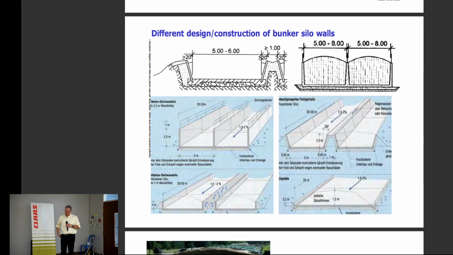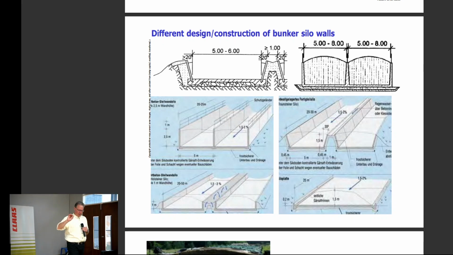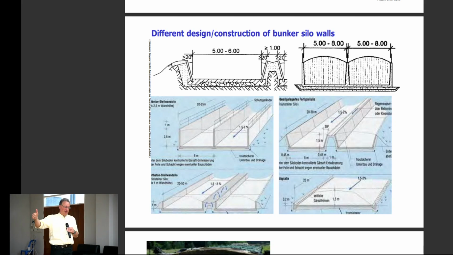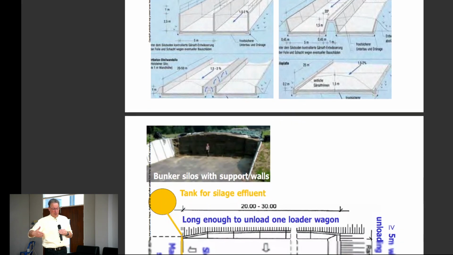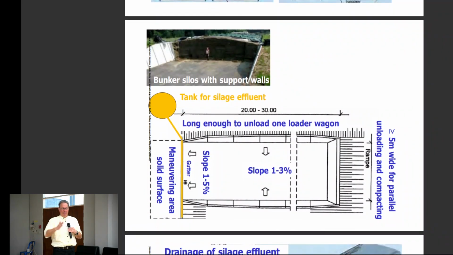And again, to sum up, the dimensions of the silo. You need to know what the daily intake is. You need to know, okay, my goal is a withdrawal or intake under your conditions of 4 to 5 meters per week. What will be the width and the height of this silo?